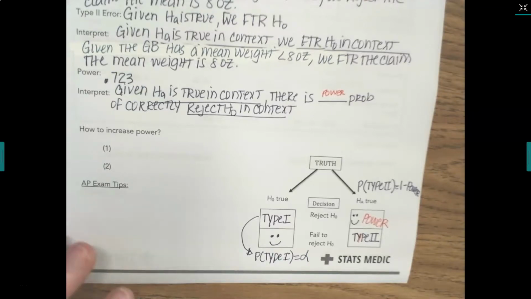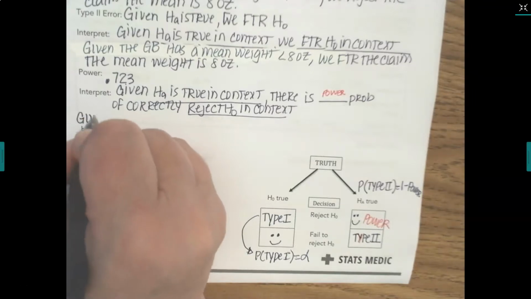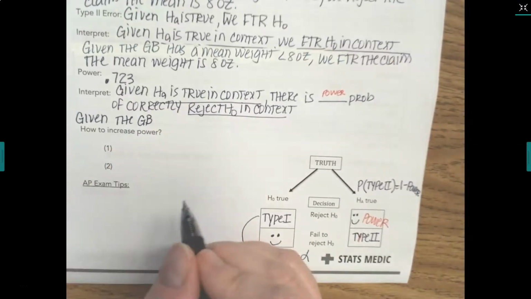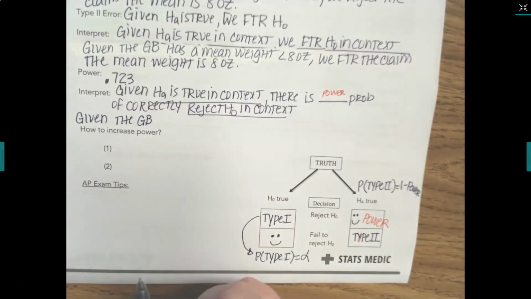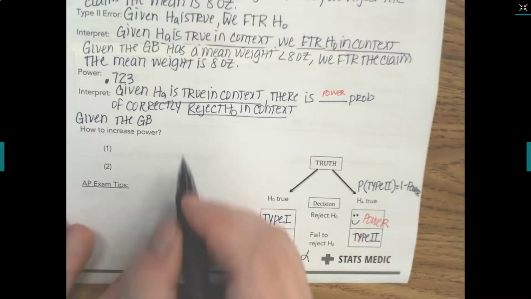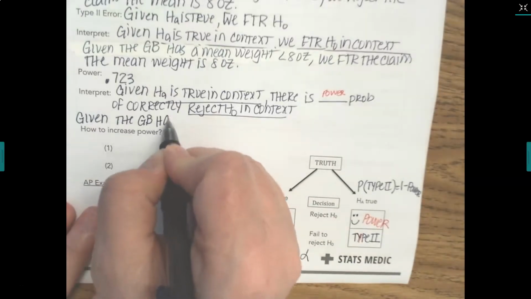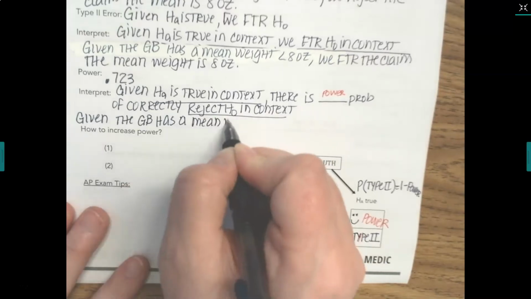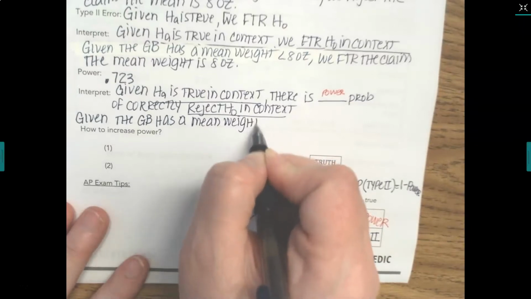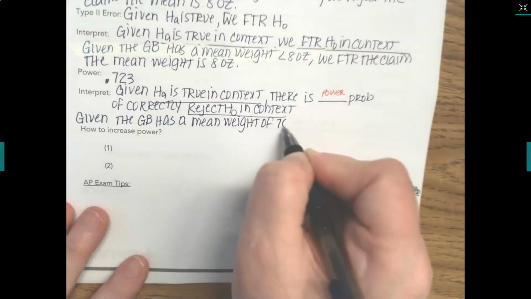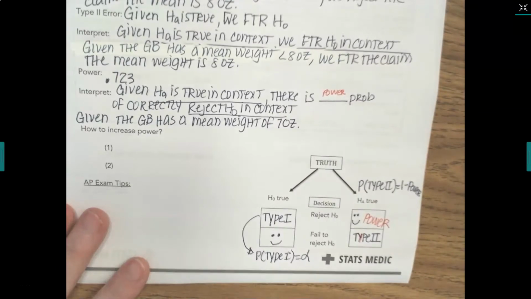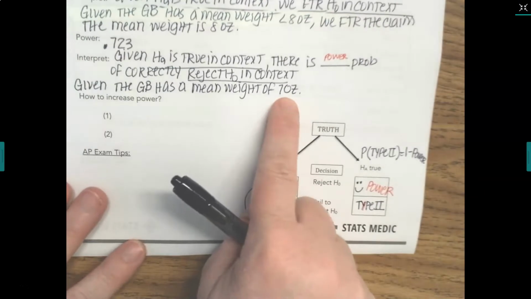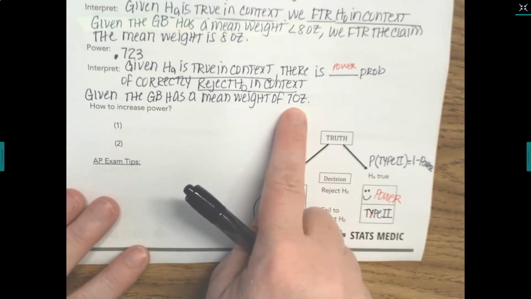So in this situation, we have given the giant burrito has a mean weight of 7 ounces. Now, let's talk about that for a quick second. That 7 ounces came from the original problem. Up here, that's what Luke thought it was. So you have to use the specific alternative, what the statistic is that you think it is, okay?